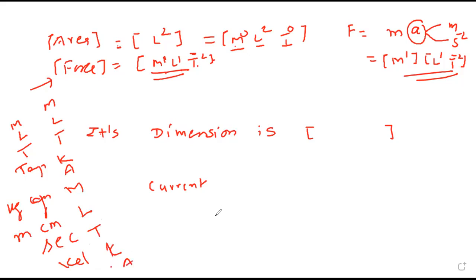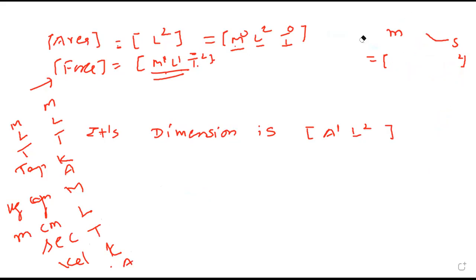This is the rule. So here it was I upon A. A is area. So when I see I, I will write A1. When I see area, it is L raised to 2. So that means we can write the dimension in standard form as M0 L2 T0 A1.